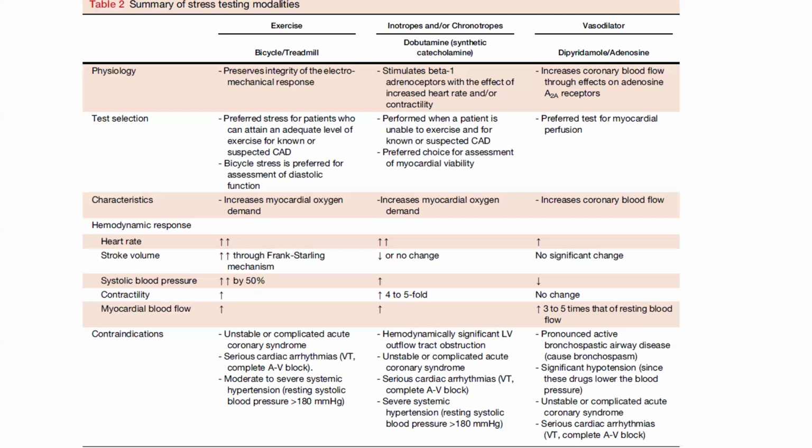And in terms of blood pressure, there's a significant increase in your blood pressure with treadmill or exercise stress compared to dobutamine. So we should understand some of the differences in the physiological response with these modalities, with exercise.